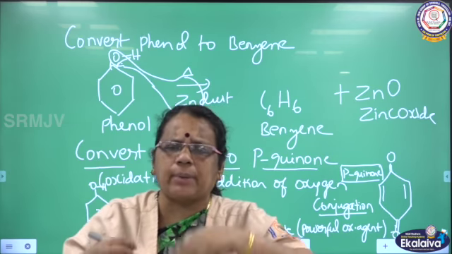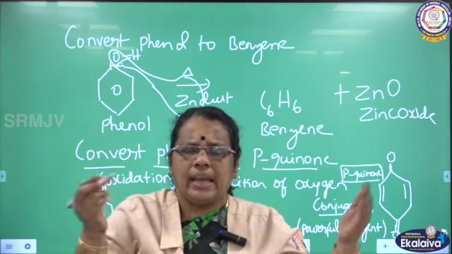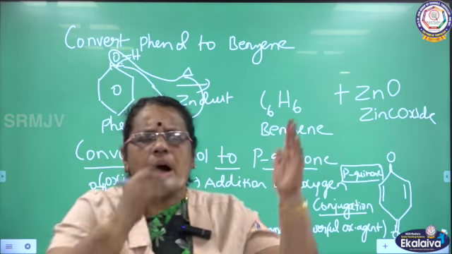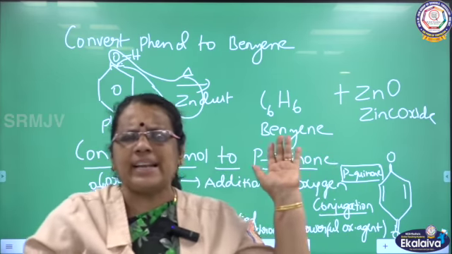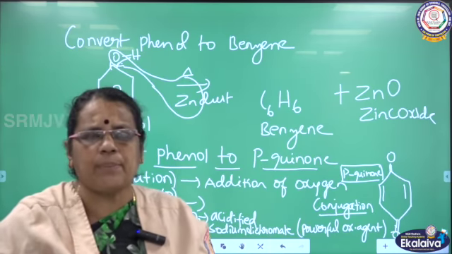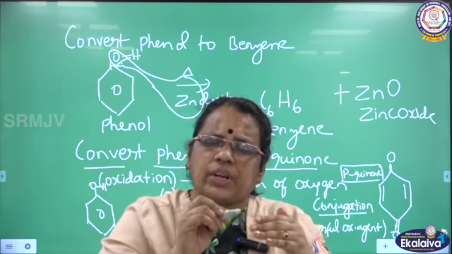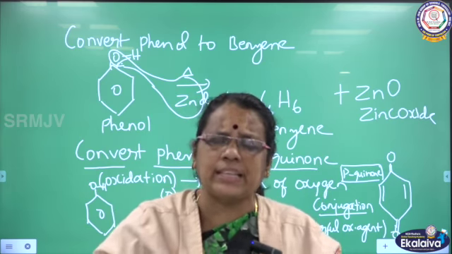There are two oxygen atoms attached to the 1,4 positions, the para positions. When you talk about conjugation, alternate single and double bonds we can see. What is the oxidized product I got at the end? Paraquinone. So this is one of the important reactions, the conversion of phenol into paraquinone, which is an oxidized product.